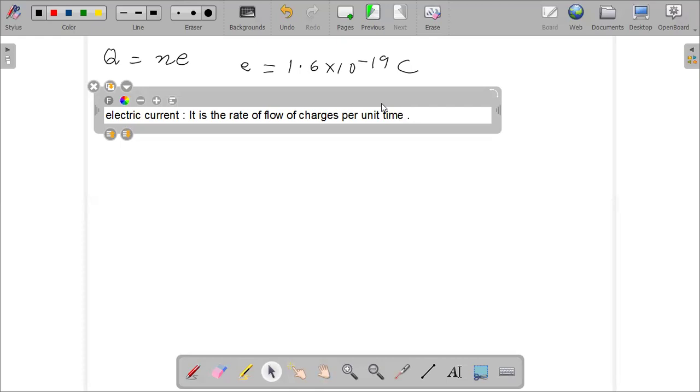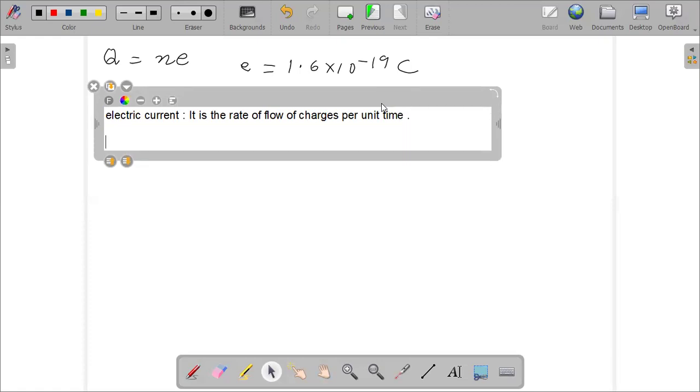Now, charges can flow only through those substances which have free electrons or which are conductors. So movement of charges occur in conductors.